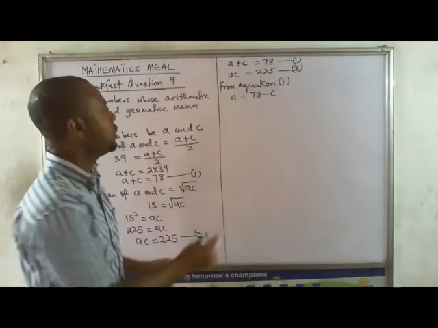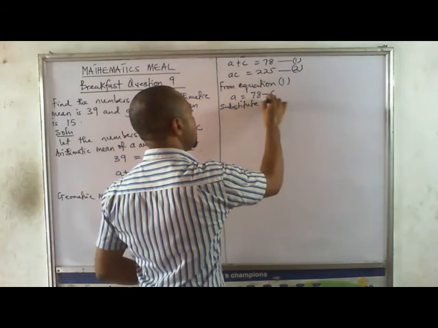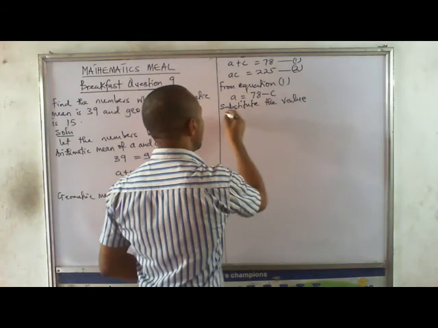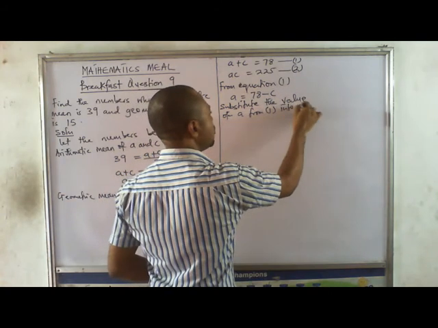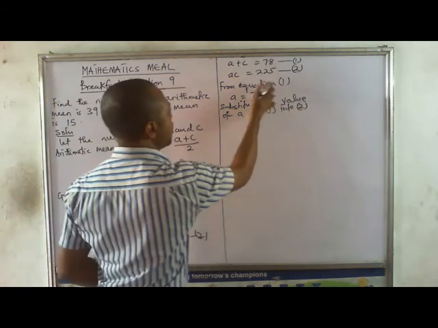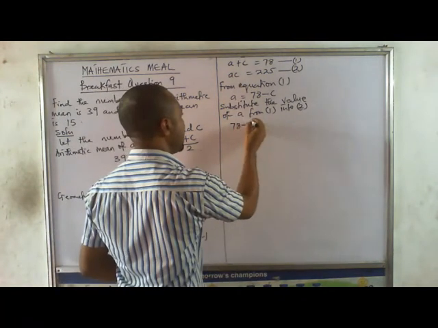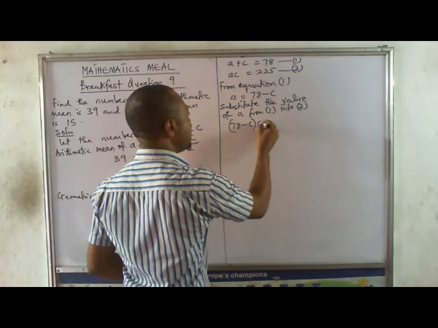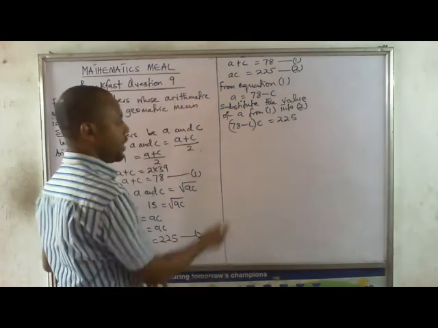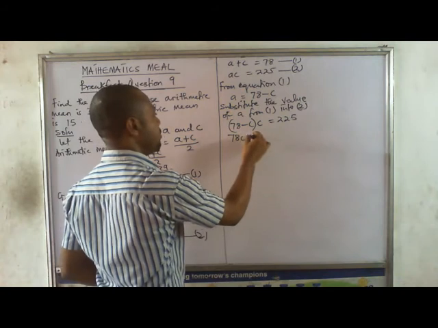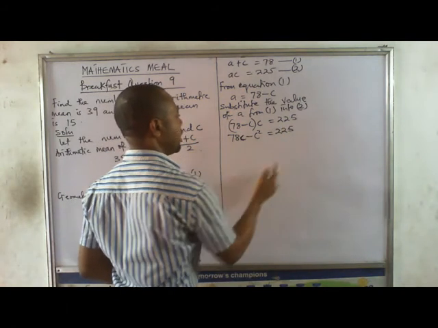So substitute the value of A from 1 into equation 2. We're going to use the whole of this to replace A here. If we do that, we have 78 minus C times C is equal to 225. If I expand this, I will have 78C minus C squared is equal to 225.